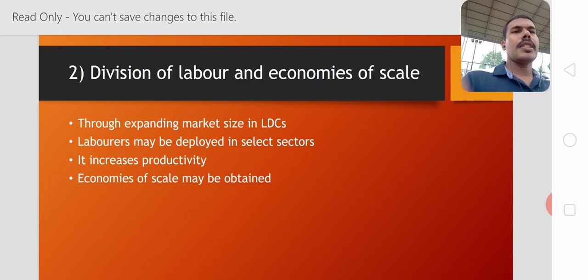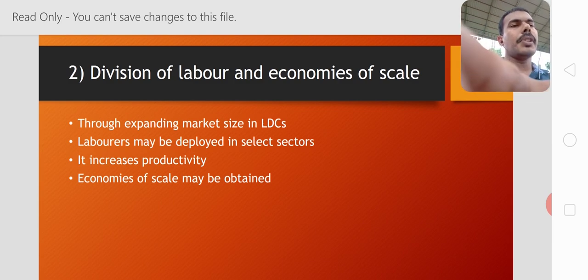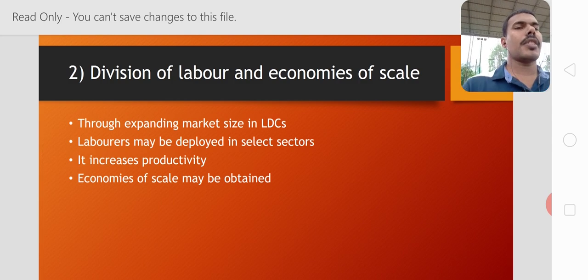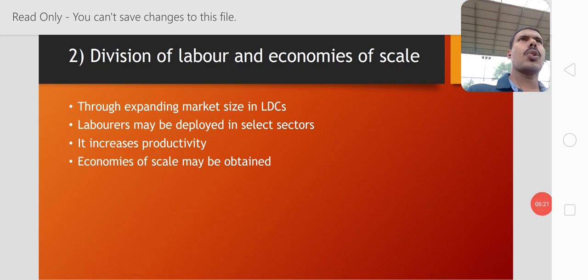That means international trade led to the opening of so many mobile shops in India, and it has led to the emergence of so many mobile technicians in India. This is the division of labor, and it has increased the productivity of our mobile phone service sector in India. Similarly, you can see so many examples. You just think about that.